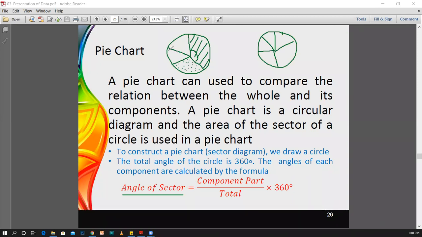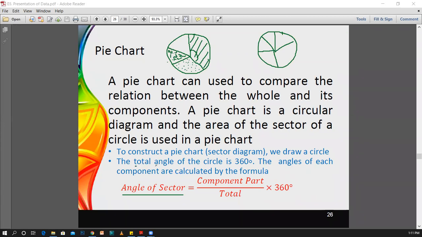The next category would be this way, and the next category this way. Likewise, you can easily mark these sectors, and each sector is associated with an angle. We calculate that angle using the number of observations falling into the relevant level of the category, divided by the total number, and multiplied by 360 degrees.